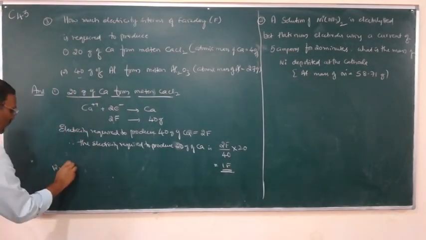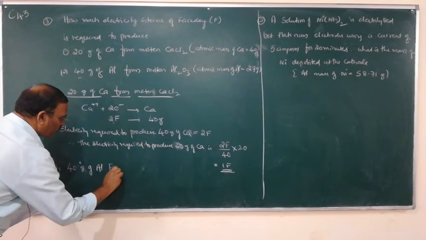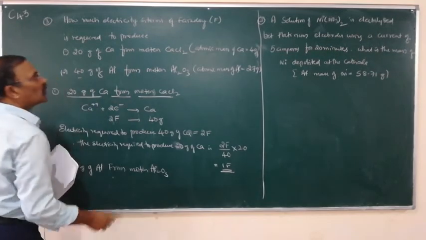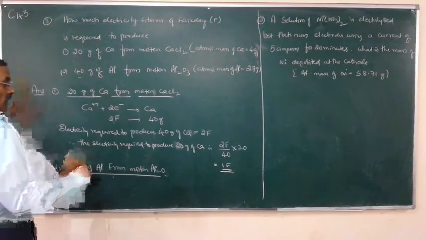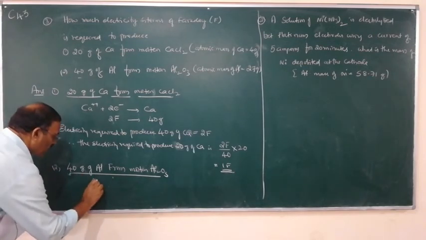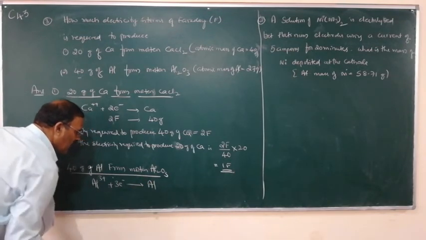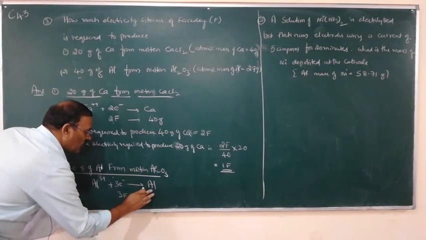So second one, 40 gram of aluminum from molten Al2O3. So you have to write the reaction. Aluminum is a trivalent ion. Remember, calcium, magnesium, barium, etc. are bivalent ions. Sodium, potassium, etc. are monovalent ions. So Al3+ plus 3 electrons gives Al. So what is the amount of electricity required? 3 Faraday. What is the amount of aluminum formed?